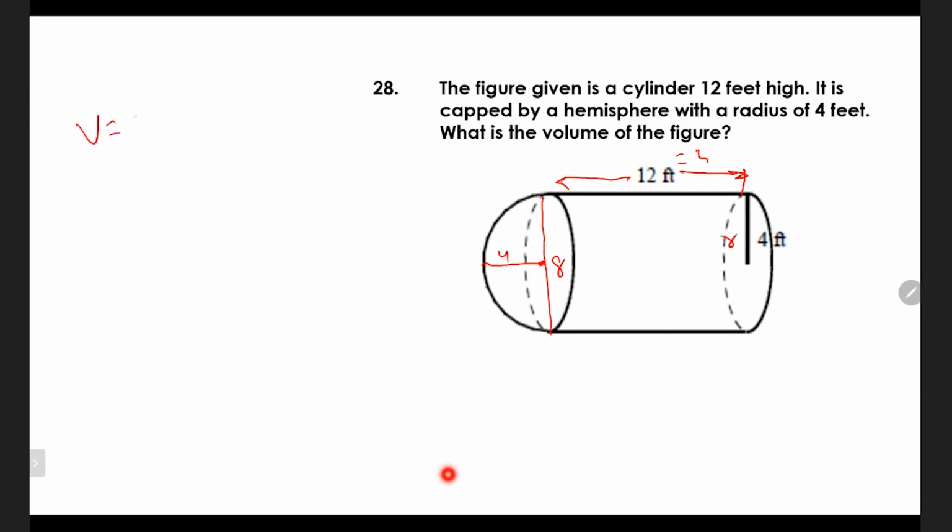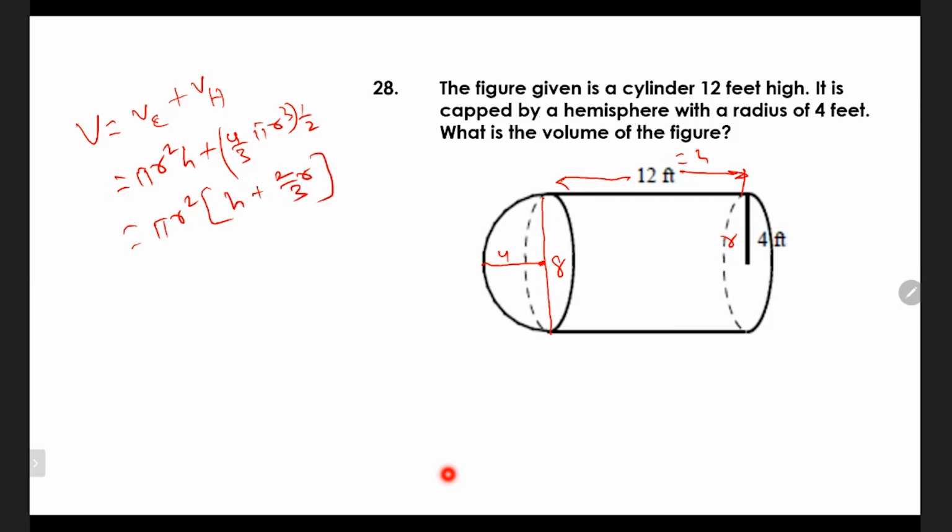Volume of figure is volume of cylinder plus volume of hemisphere. Volume of cylinder is pi r square h plus 4 by 3 pi r cube into half for the hemisphere. So pi r square is common, we can take h plus 2 by 3 r.